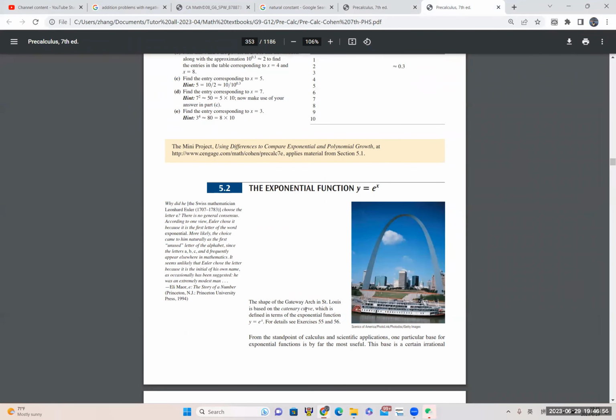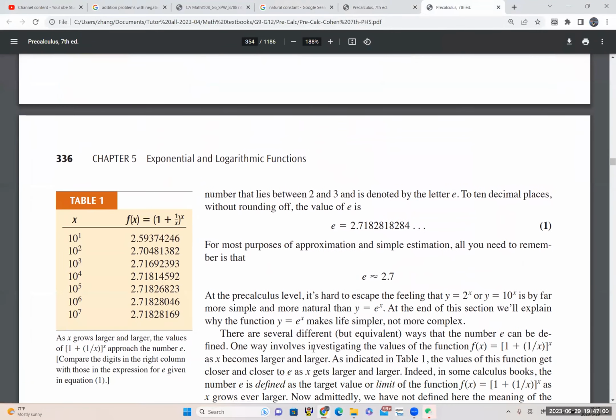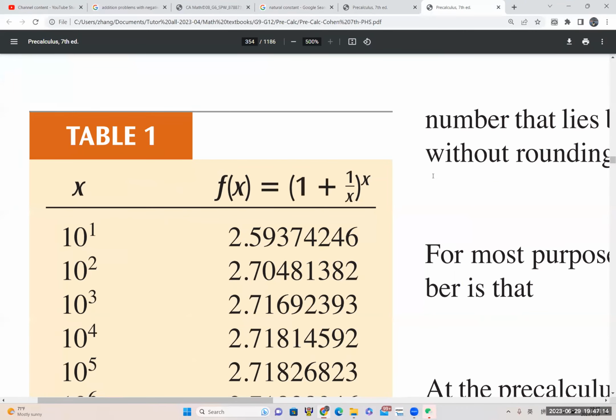So it's a very special number. How do we define this number? Here actually shows its definition. It's 1 plus 1 over x as the base, then x as the power.